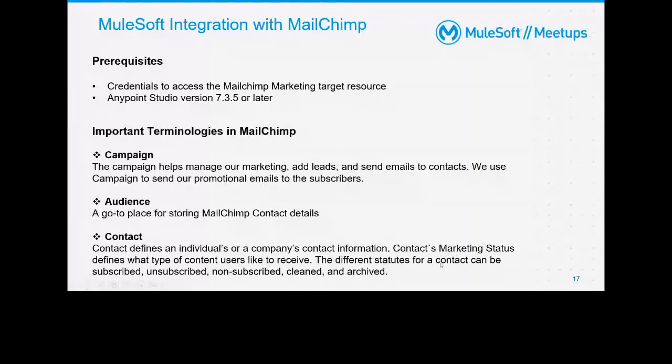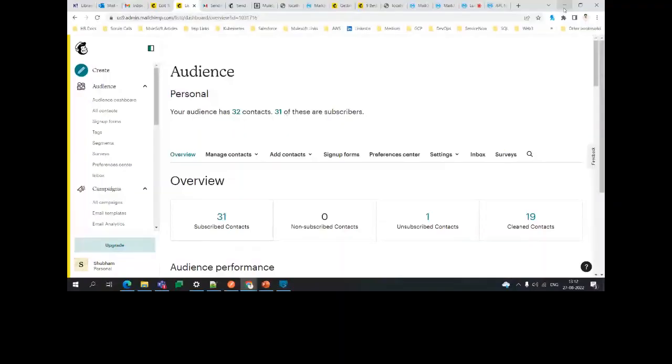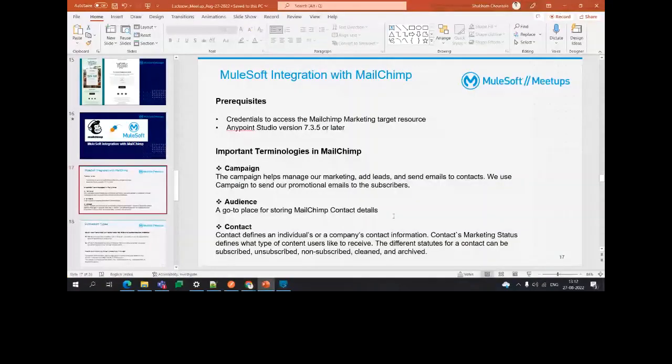The different statuses for a contact are subscribed, unsubscribed, non-subscribed, cleaned, and archived. As I showed you in the dashboard, there are 32 contacts, 31 of these are subscribers, and one is unsubscribed, so you can see all these details in the dashboard as well.